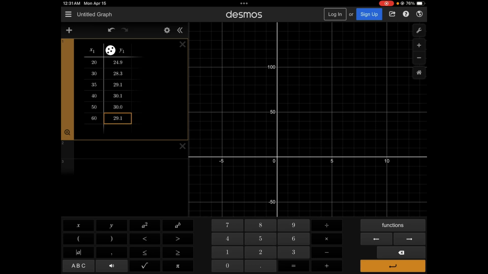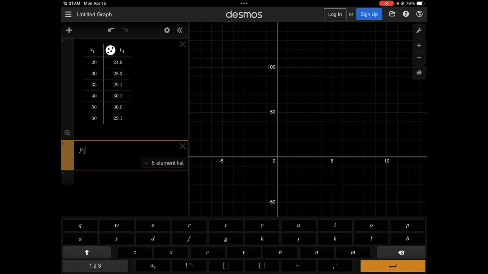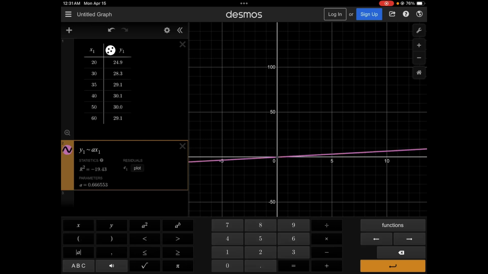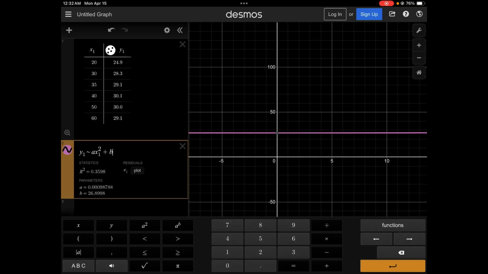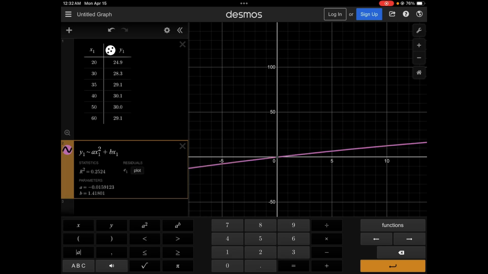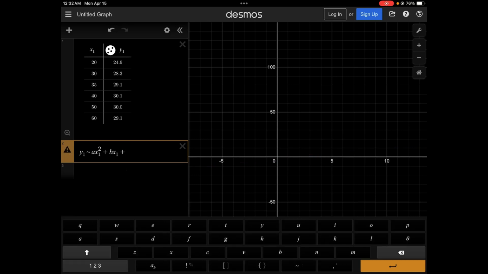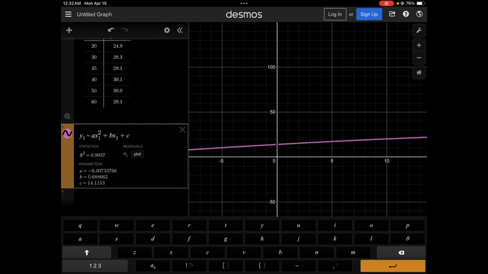Okay, now this is a quadratic, and I'm going to have to ask the calculator to estimate the best quadratic, a x1 squared plus b x1 plus c, and then we got the ABCs.